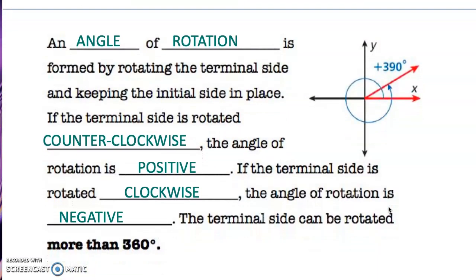So the angle is formed when we rotate that terminal side. If the terminal side is rotated counterclockwise, that's when we have that positive angle measure that we saw at the beginning. You will measure angles in the counterclockwise direction unless you're specifically told that it's a negative angle or that they want you to measure it in the clockwise direction.